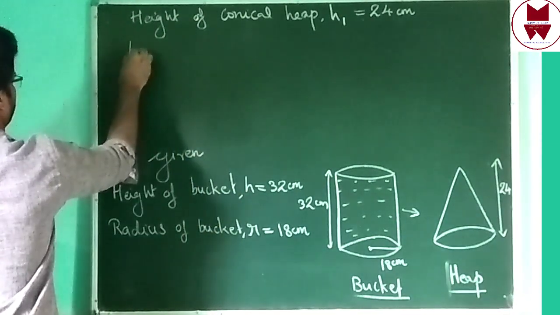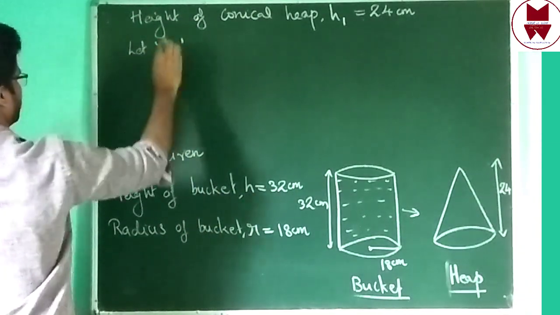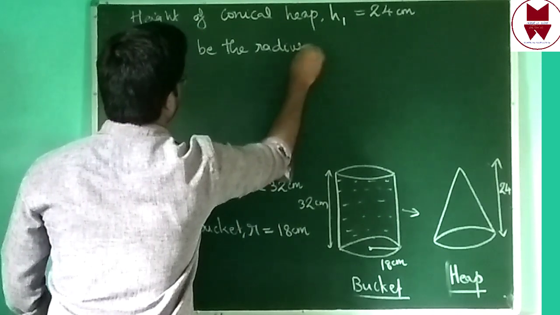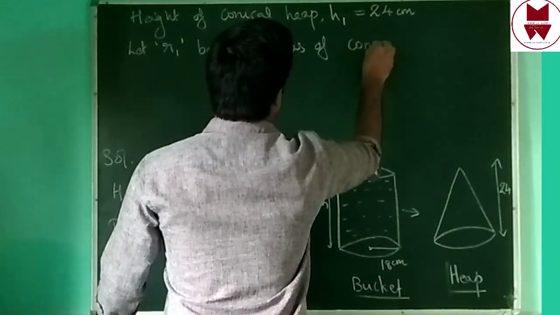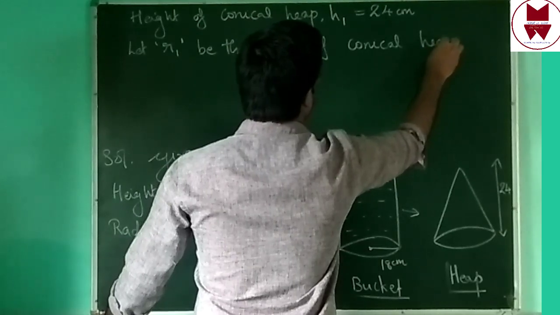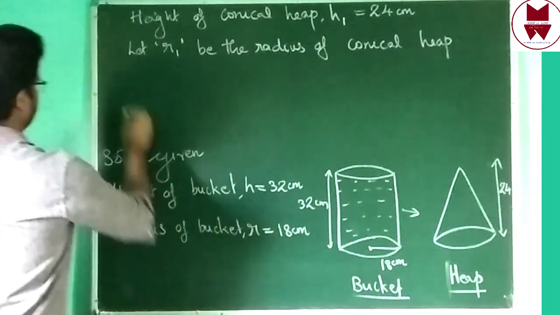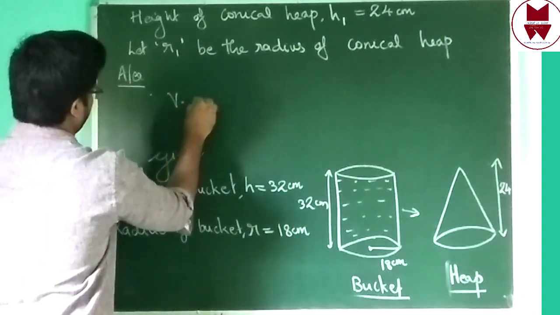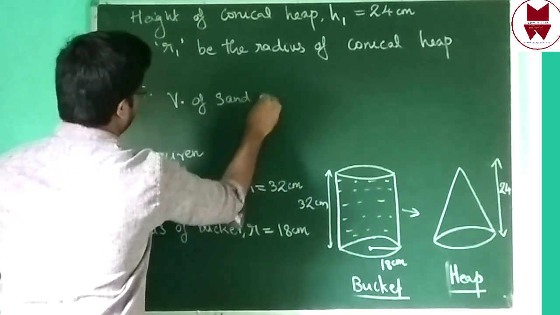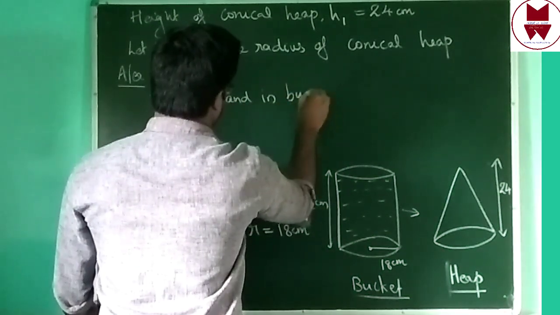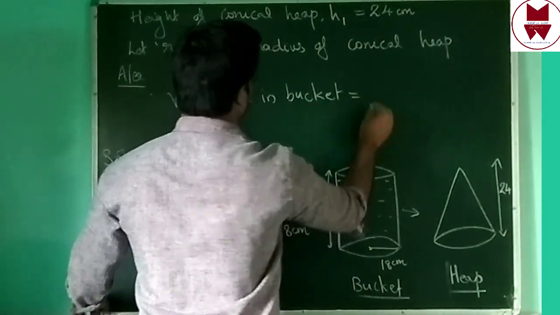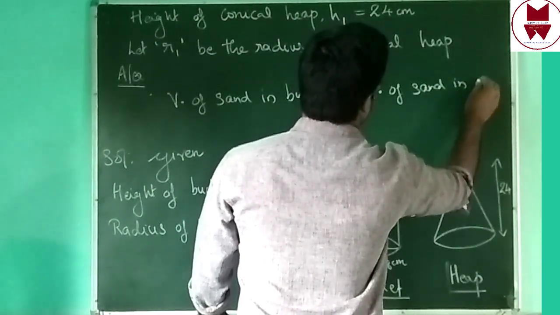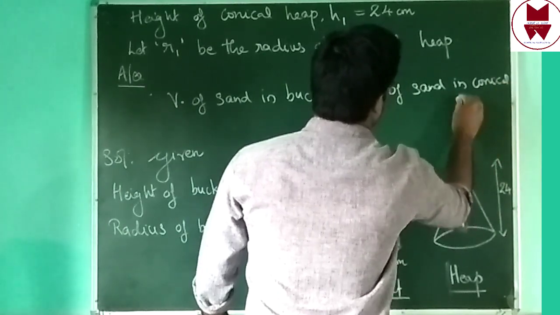We can write the radius first. Let r1 be the radius of the conical heap. Then, as per the question, the volume of sand in the bucket is equal to the volume of sand in the conical heap.